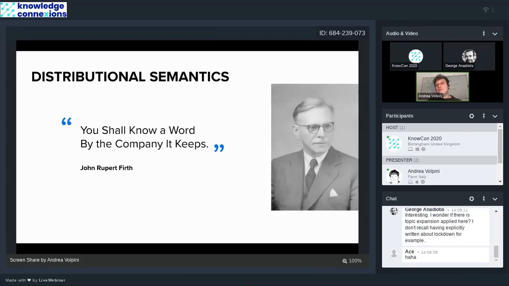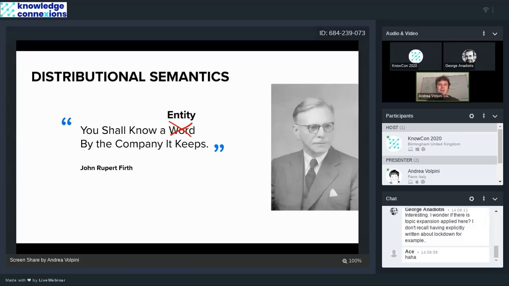So this is a famous quote by John Firth that says, "You shall know a word by the company it keeps." By analyzing the way in which the word is placed and the words around it, the so-called context window, we can understand its meaning.